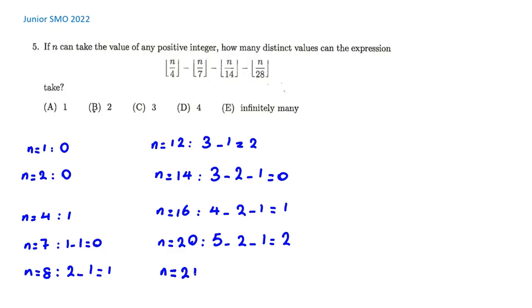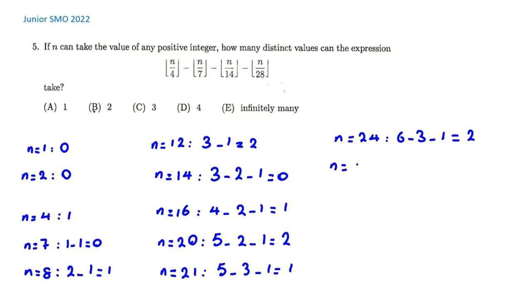For n=21, it will be 5 minus 3 minus 1, which is 5 minus 4, 1. n=22, 23, 24: 24 will be 6 minus 3 minus 1, which is 3 minus 1, 2.